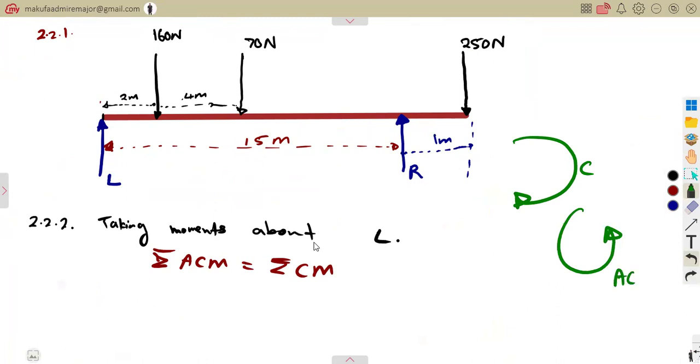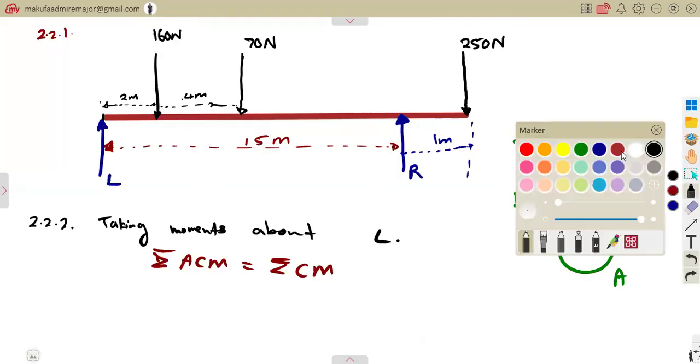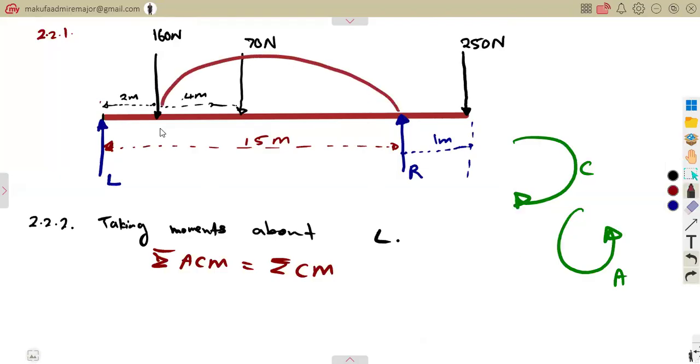So about L, we are considering R as it moves back to L. Which direction is this? That is our anti-clockwise. What about 160 back to L?